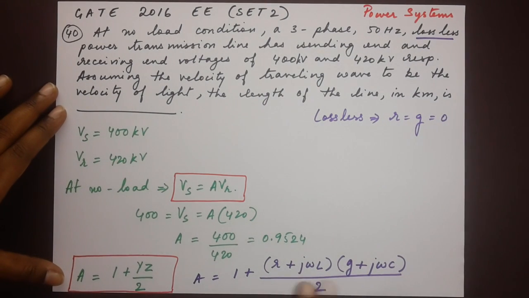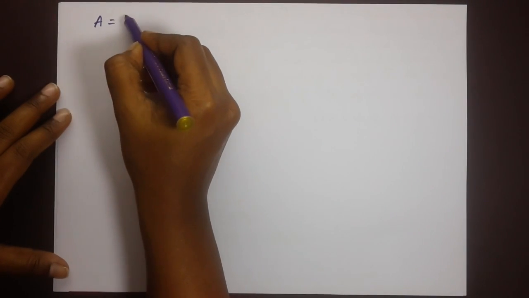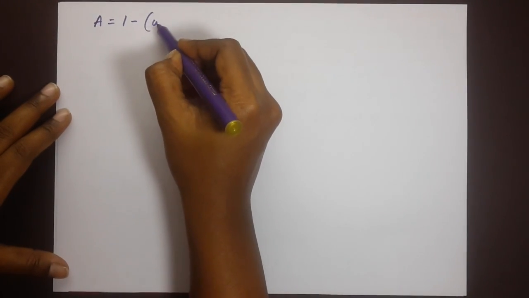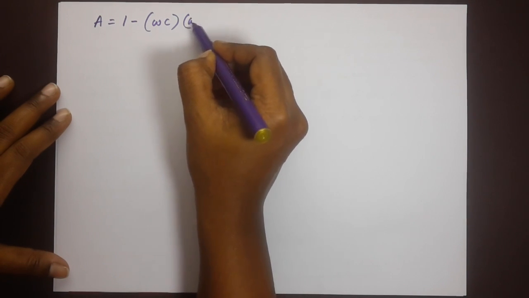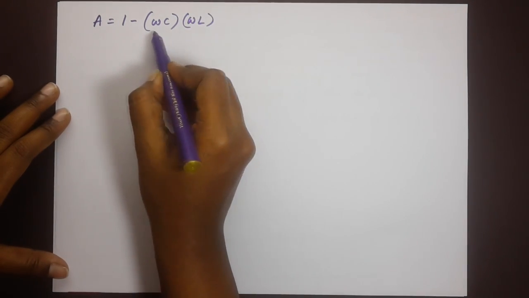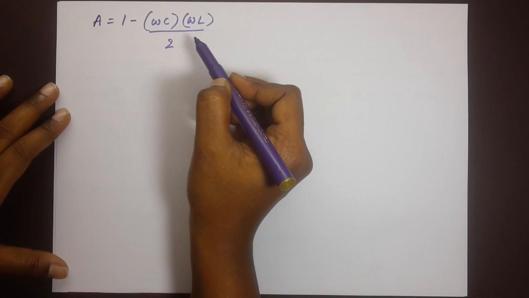So we would be left with 1 plus j omega L times j omega C divided by 2. And j square is anyway minus 1, so we can just substitute that. So we have A is equal to 1 minus omega C times omega L divided by 2.